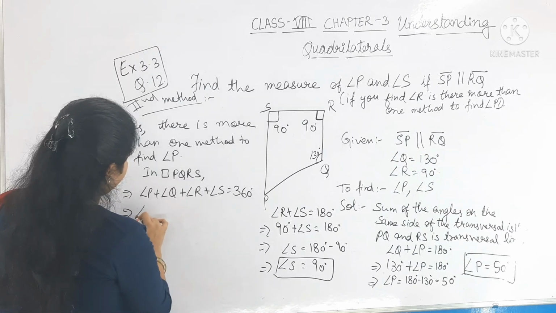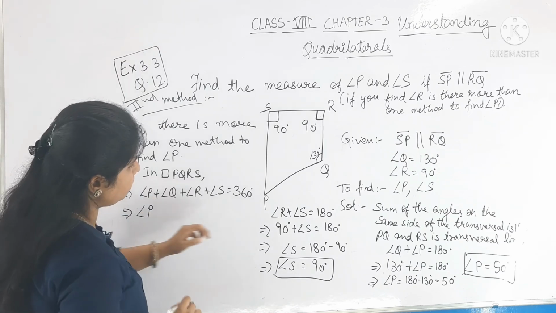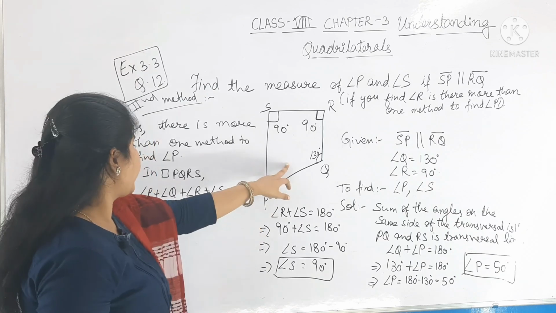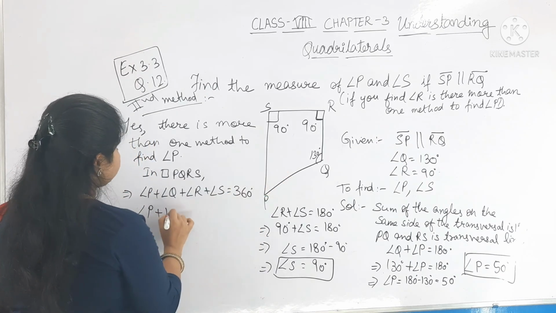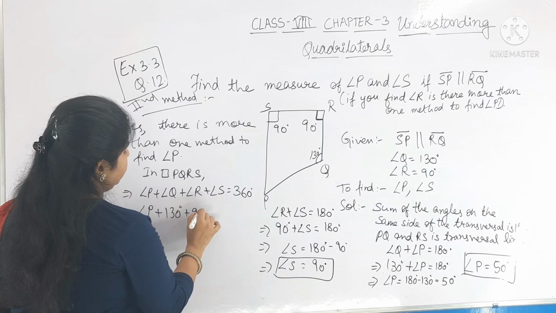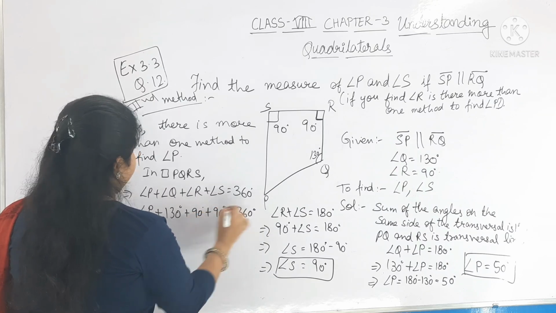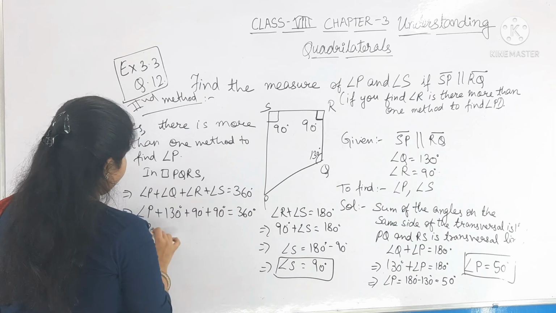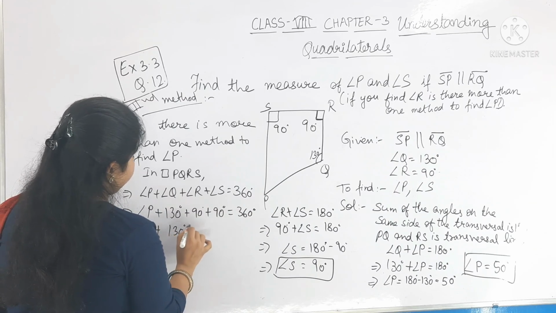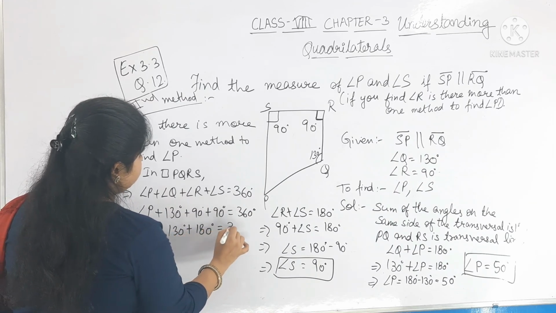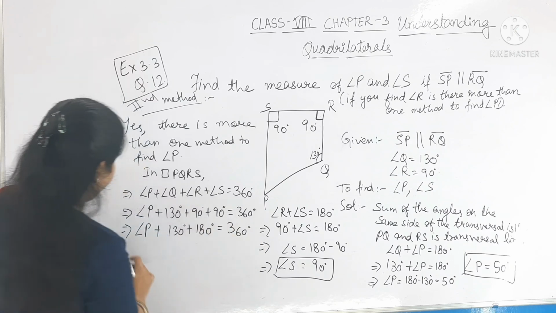So we have to find angle P. Here angle Q is 130 degrees plus 90 plus 90 is equal to 360 degrees.